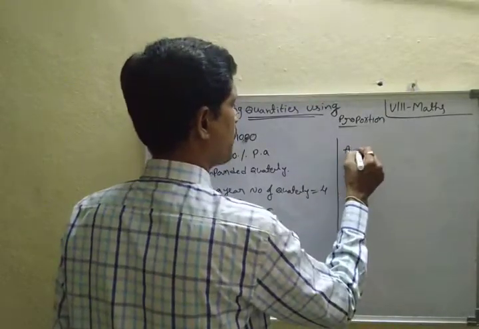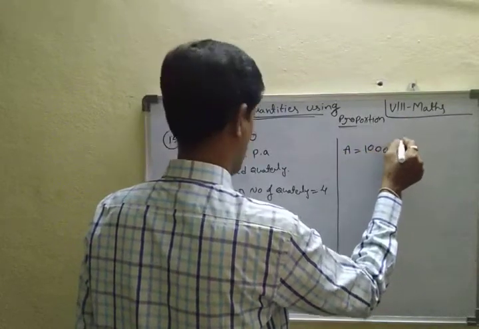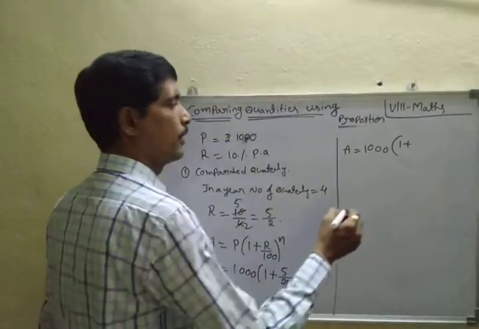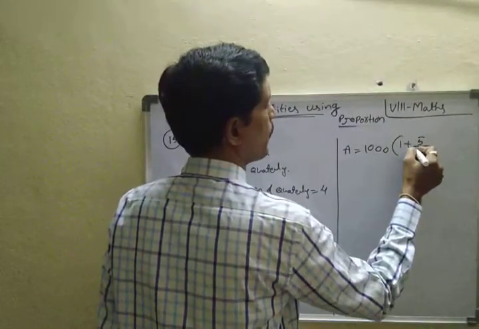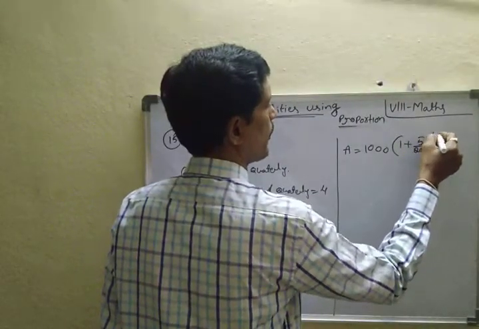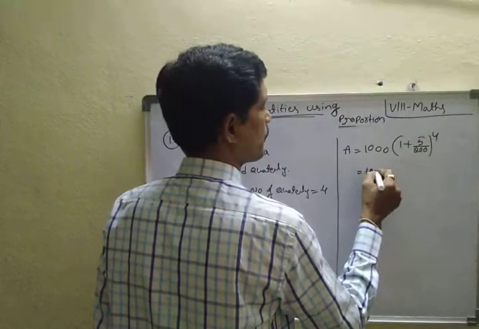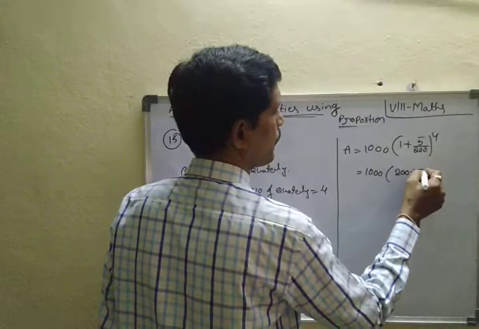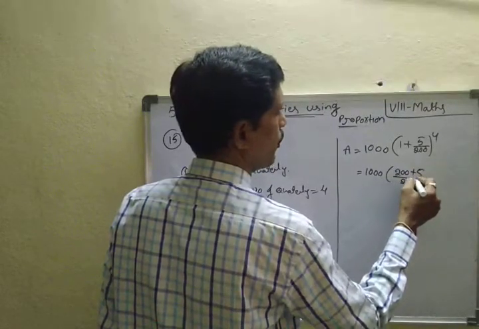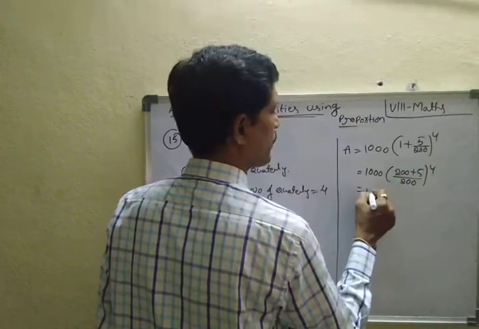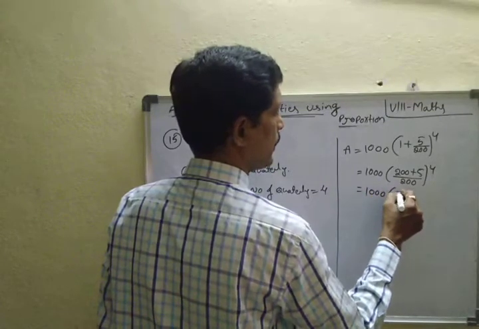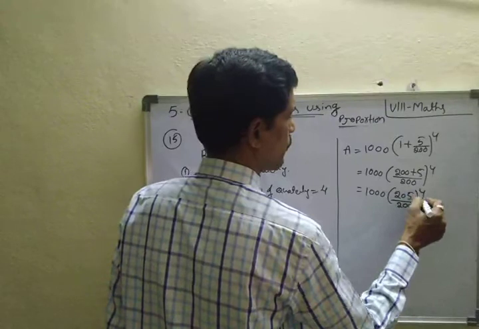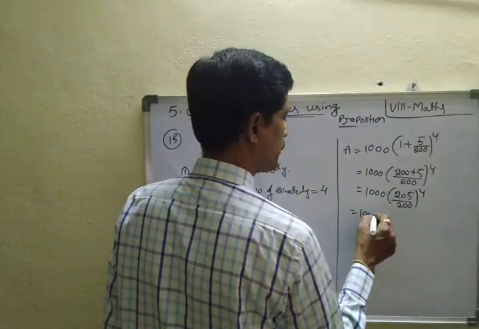The amount equals 1000 into 1 plus 5 by 200 whole power 4, that is 200 plus 5 by 200 whole power 4, that equals 1000 into 205 by 200 whole power 4.